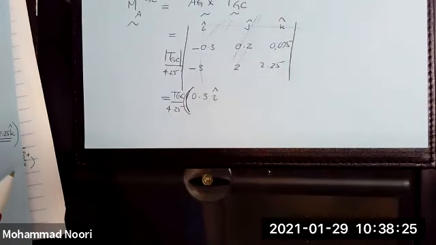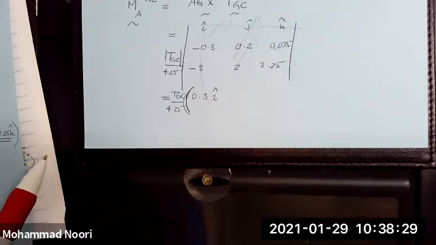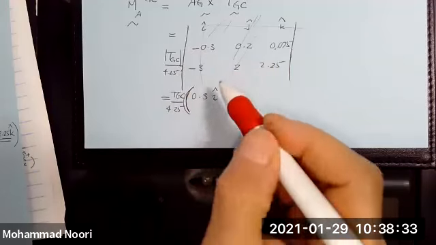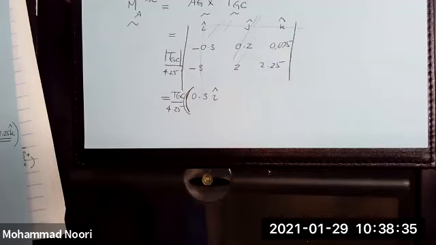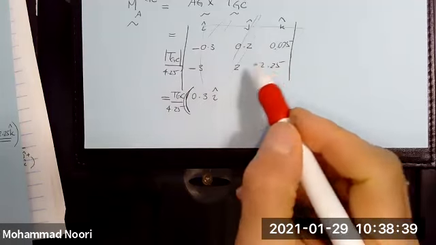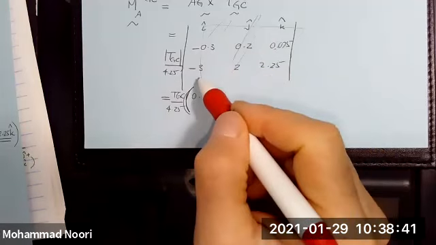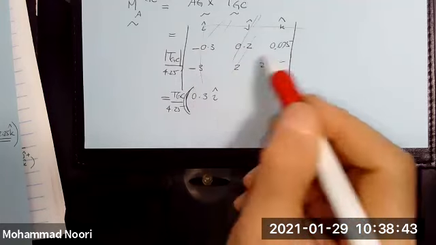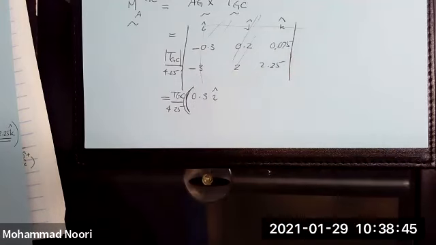So for J, negative 0.3 times 2.25, negative, so it would be positive, times this, so 3 times 0.075.